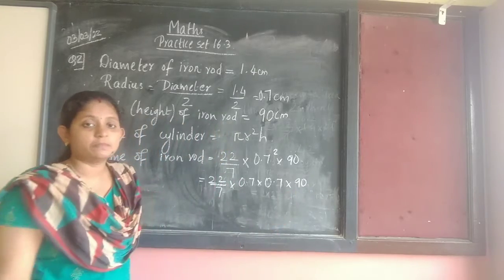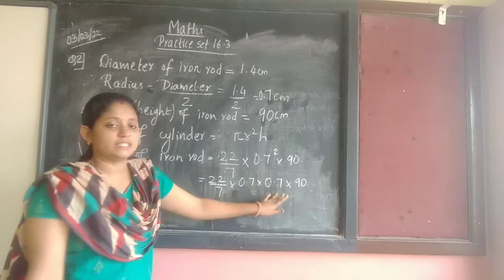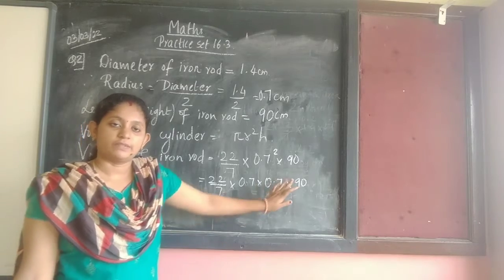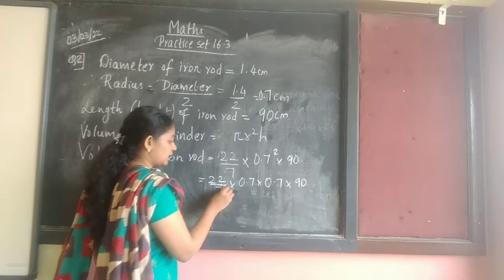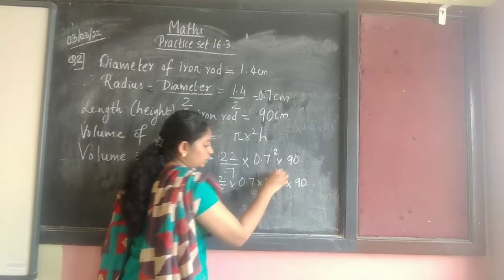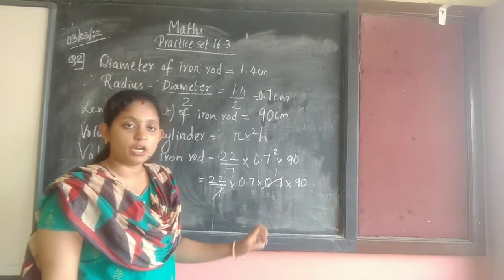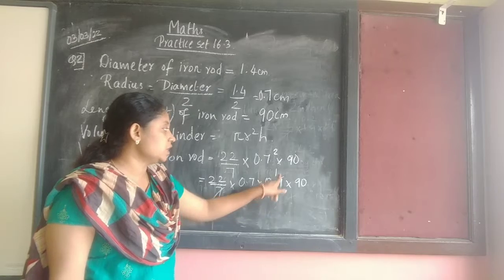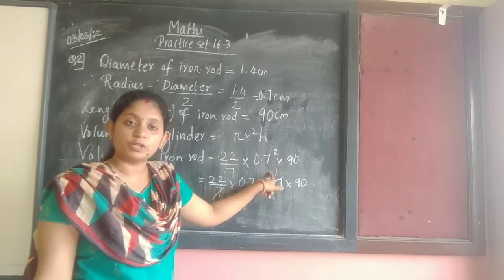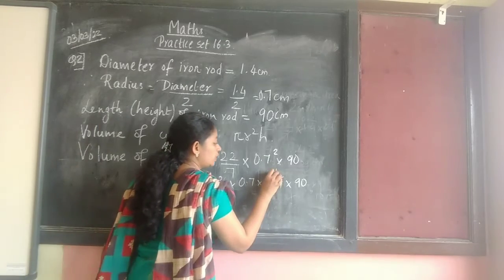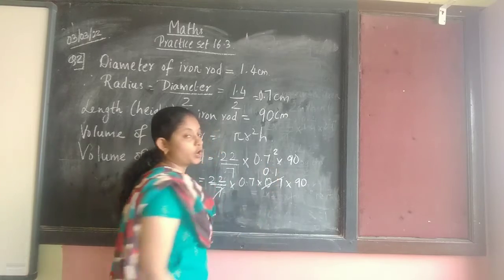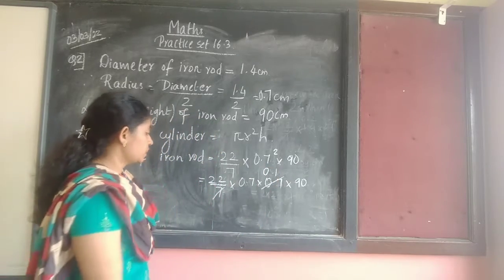Don't consider the decimal point in the beginning, just think it is 7 and 7. 7 ones are 7, so we can cancel this, write 1. Now comes the decimal point. Where to put the decimal point? Before how many numbers? 1. So before one number you are going to put a decimal point. So what you are going to get is 0.1. Okay?